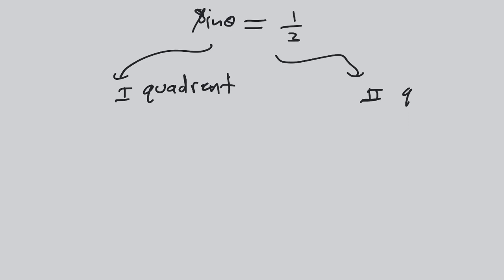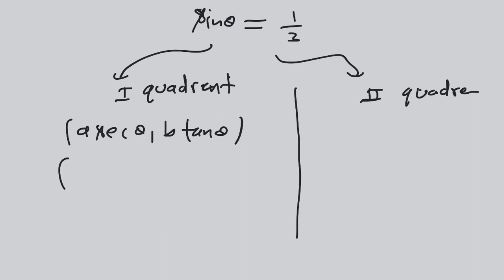Because in the first quadrant sec theta and tan theta are both positive. The points here are a sec theta, b tan theta, so in the first quadrant both coordinates will be positive.